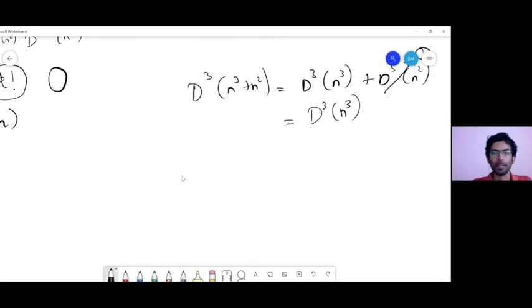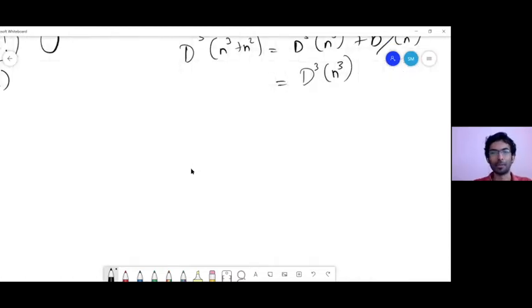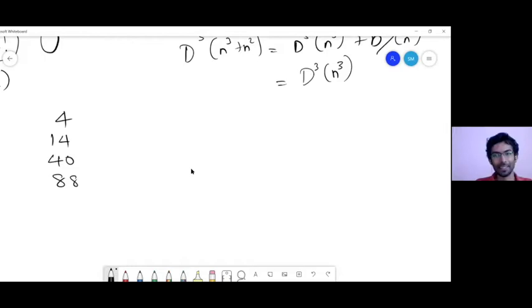Okay, so now say we have a sequence. We'll go back to our Jagdish sir sequence: 4, 14, 40, 88, 164. Okay, this will do.